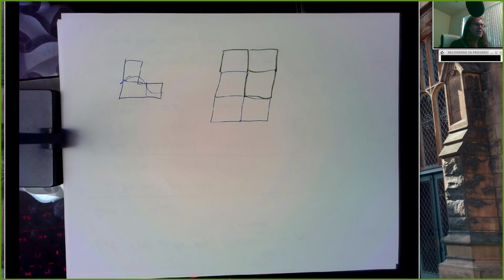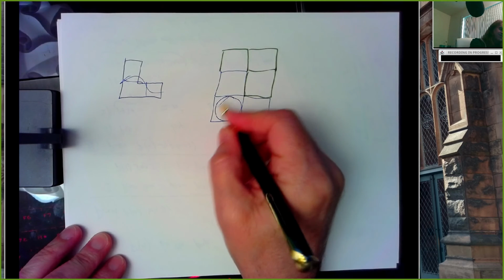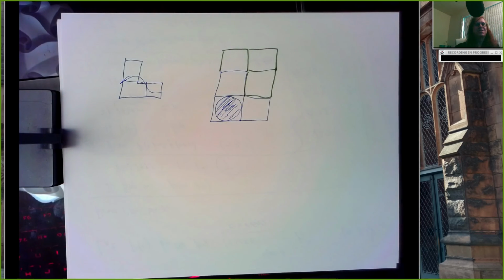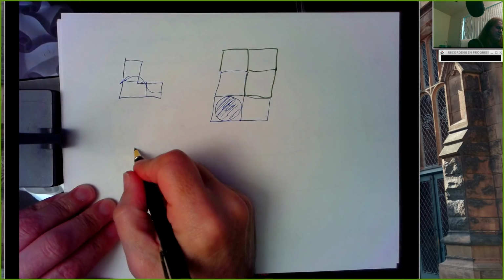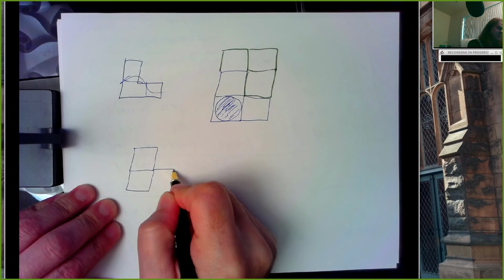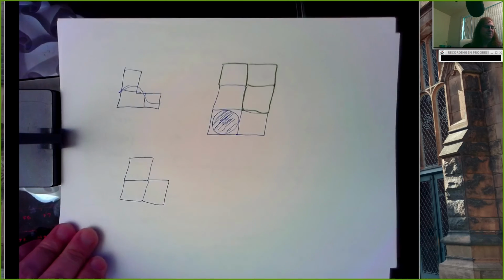And it turns out that in this kitchen area that you're going to cover, there's exactly 1 little square that has a pipe coming out of the floor, and you don't want to put a tile there. So you've got your whole floor, and you want to cover it with these L-shaped pieces and tile the entire floor except for 1 square. And the question is, can you do that?